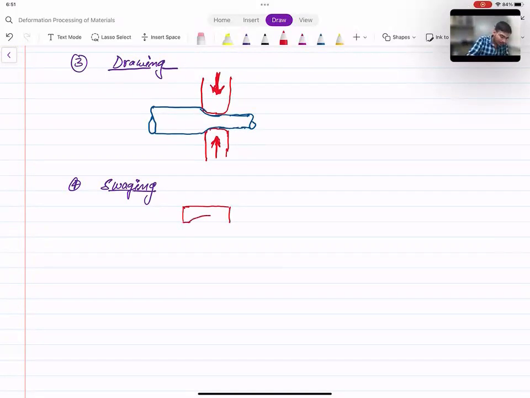So in swaging, say we have concave dies like this. And here again like this. And here comes my workpiece, something like this. I've drawn it a little bigger.